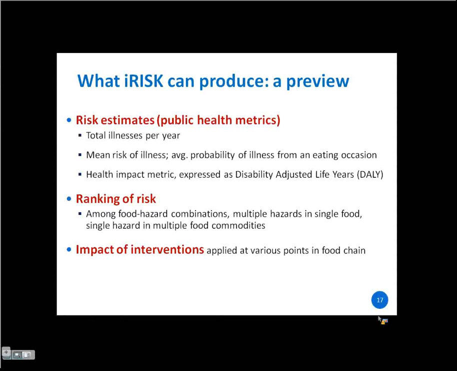So that's the output for each food hazard combination. Second, iRISK generates outputs that compare risk scenarios in a number of ways among a variety of food hazard combinations. Risk ranking currently by default is based on the DALY, but other metrics can also be used. Last, the outputs include results on the effects of chosen interventions at various points in the food chain.